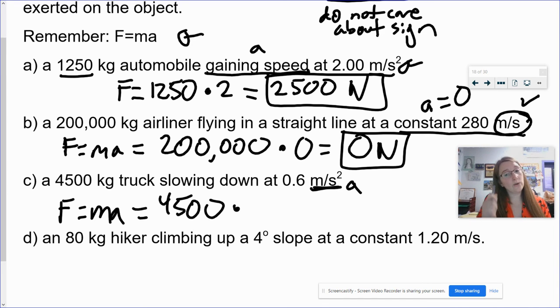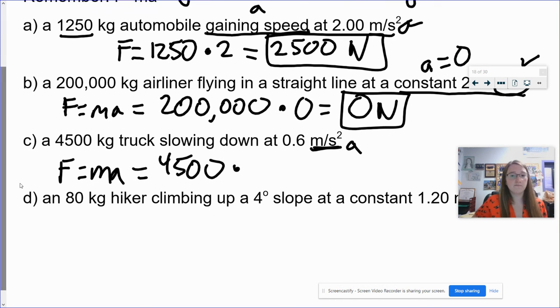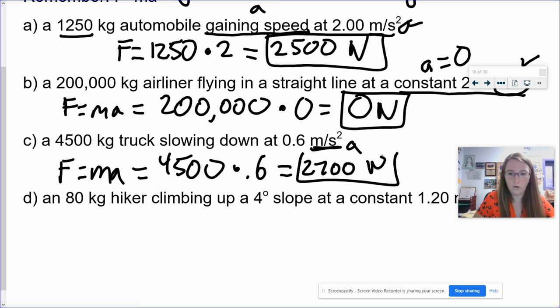Now, I know it says slowing down, but we don't care about the direction. We just care about the magnitude. We don't need to make this a negative. We're just going to put 0.6 because we only care about the magnitude. So 4,500 times 0.6 is 2,700 newtons of force you're feeling.